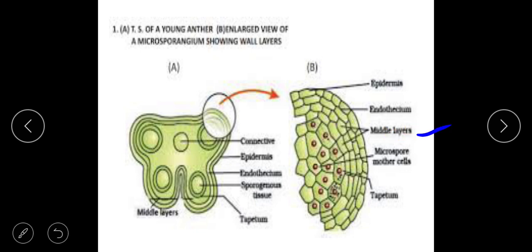Then inner to the middle layers, here you can see this one which I have just marked, is the tapetum, and inner to the tapetum, this complete mass is the sporogenous tissue. All these layers protect the sporogenous tissue. Tapetum plays a very important role because it nourishes the developing microspores which are formed inside the sporogenous tissue.